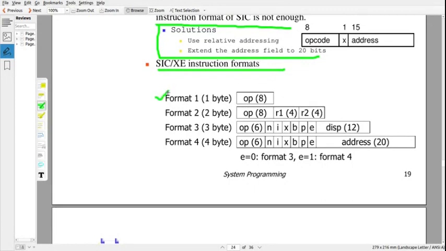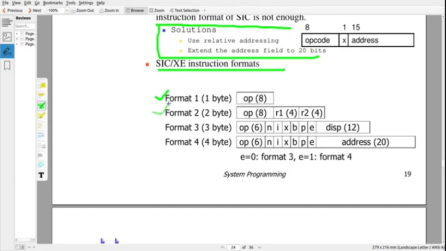The first one is format 1. A format 1 instruction in SIC/XE is of size 1 byte, only the opcode. There are instructions like return from subroutine, RSUB, where only the opcode is mentioned in the instruction, in the programming.